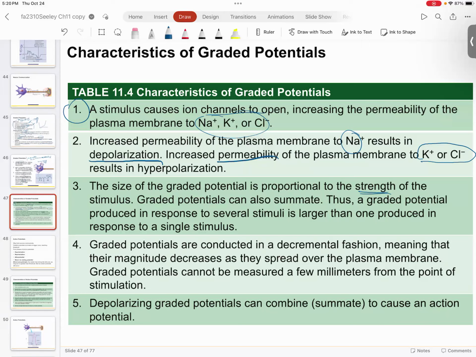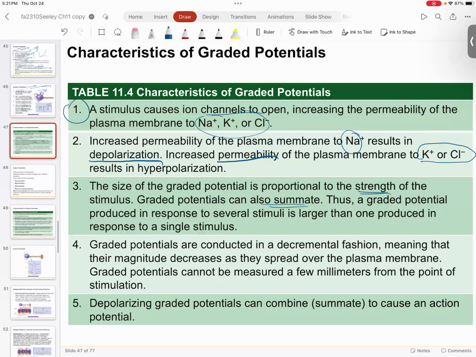A very strong stimulus would have a much stronger graded potential, giving you a different type of response. And so these graded potentials, even if they are gentle, if you back them up back to back, can also summate. And then when they summate, they can create a larger response.